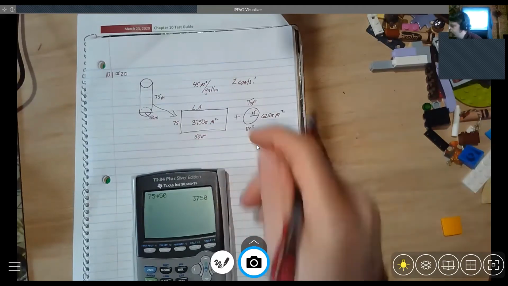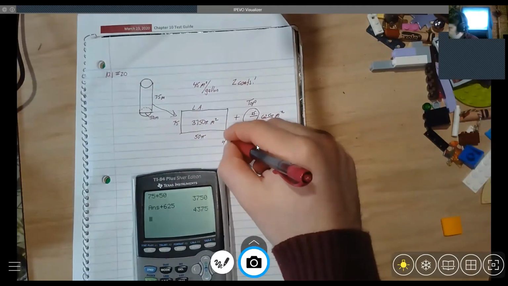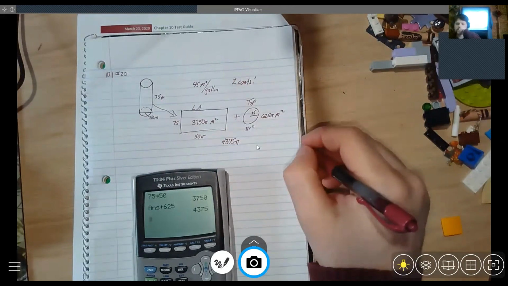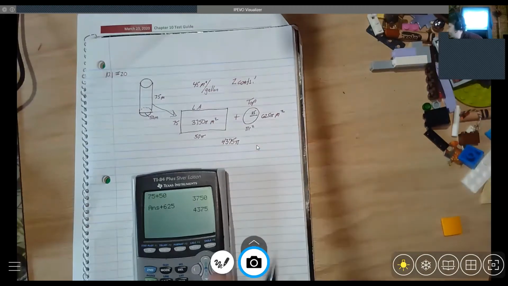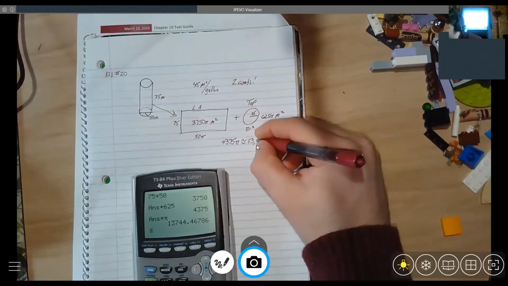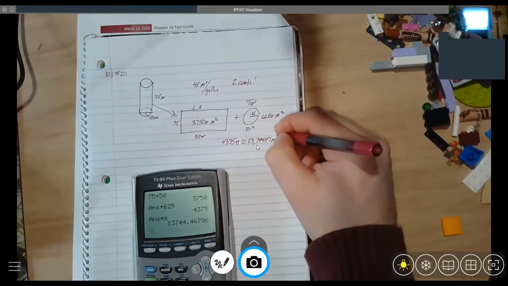So then altogether, I add my 625, so the area that I'm painting is 4,375 pi, which is approximately 13,744.47 square meters.